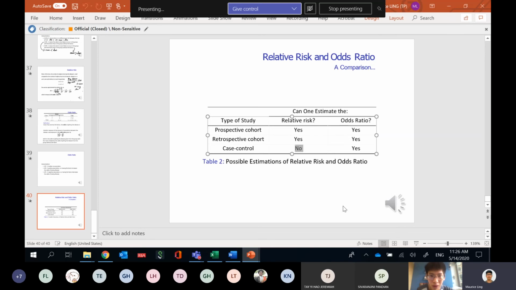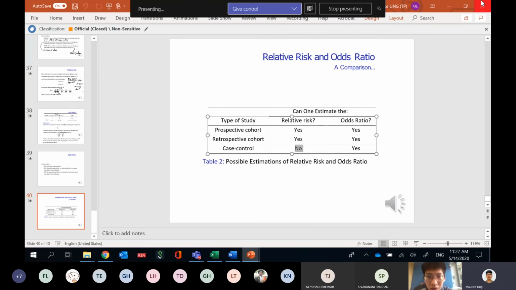Yes, sir. So also concerning the concept of relative risk, is it correct to say that it can only be used for cases where the number of subjects that have the disease is small as compared to the number of subjects who do not have the disease?